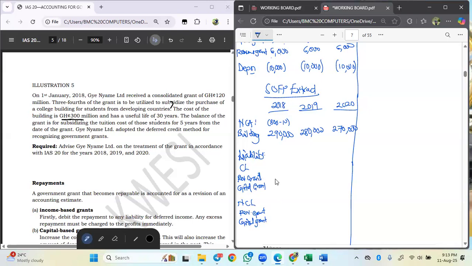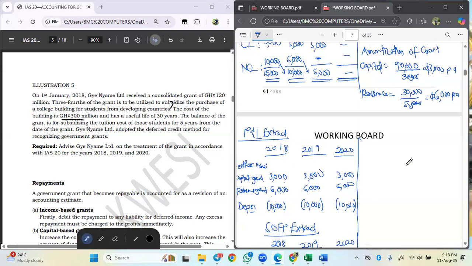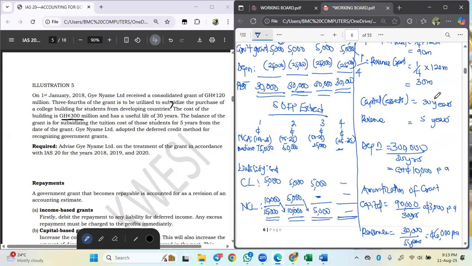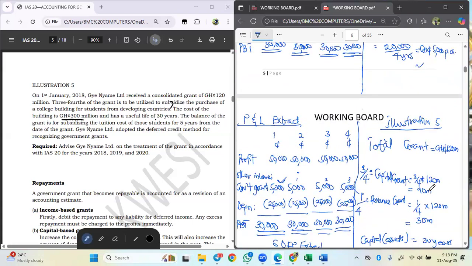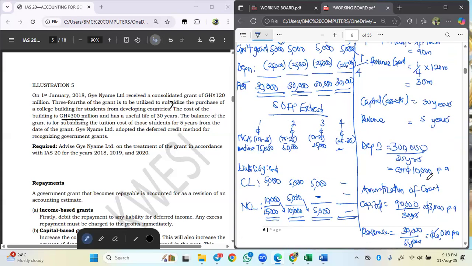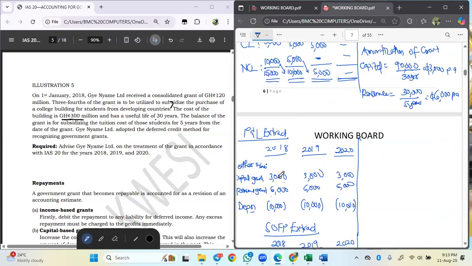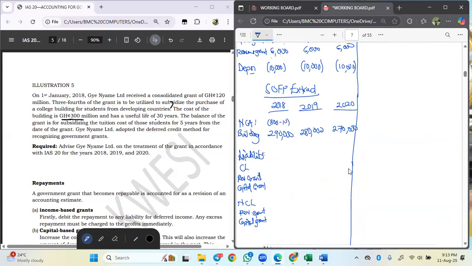Let's focus on the capital grant. The capital grant was 90,000 here. We are dealing with thousands; the three zeros are just extra, that's why I'm not showing them. In year one, how much was transferred to the P&L? 3,000. So 90,000 minus 3,000 gives 87,000.